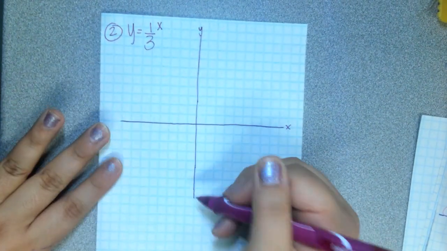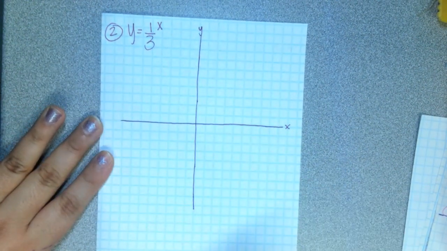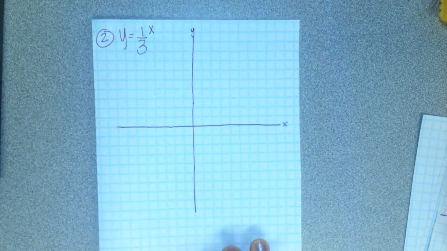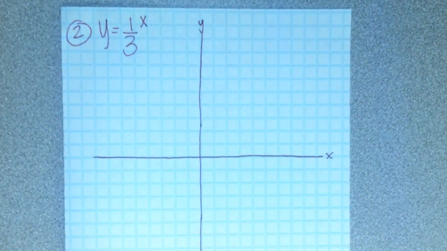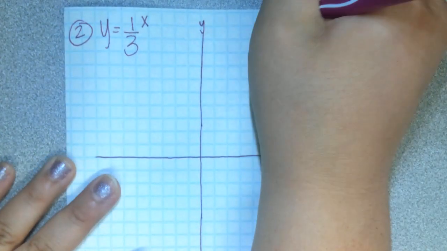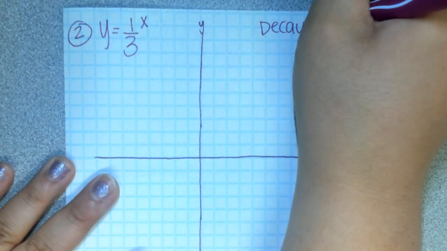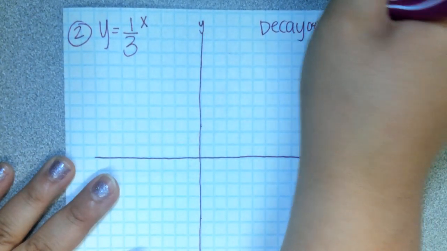What do we know about this function? It's decay. Because A is between 0 and 1.